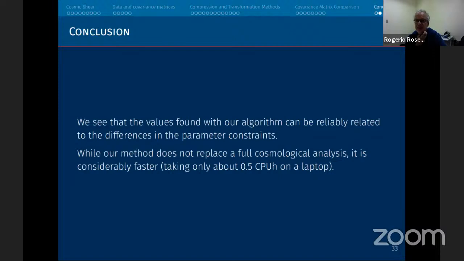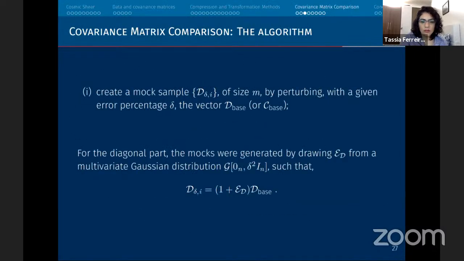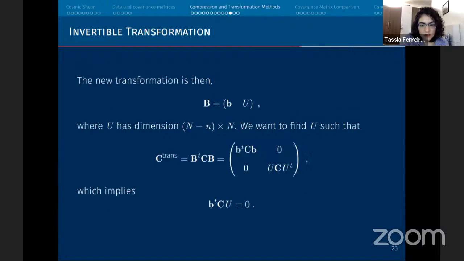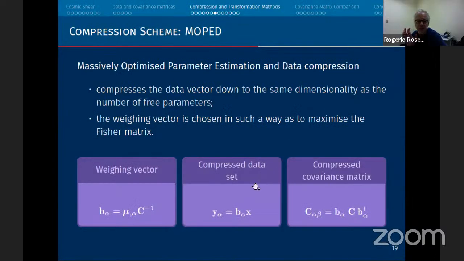Yes, we reduced the data vector just so we could run the constraints on the compressed set. But then the covariance matrix, when you reduce the covariance matrix, I see. Okay. So somehow you're also throwing data away because they're not, say, sensitive or relevant.